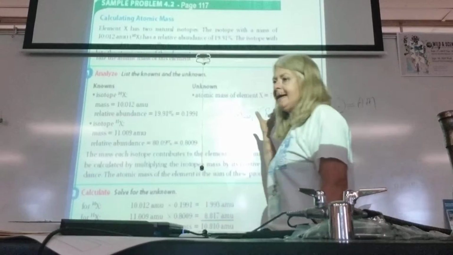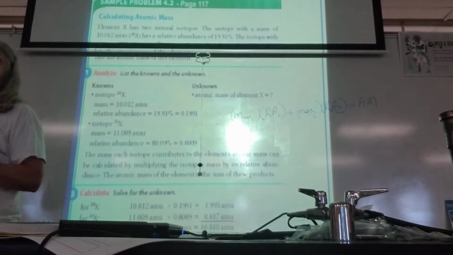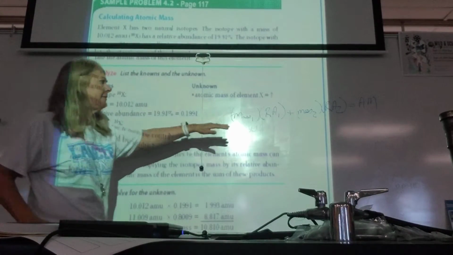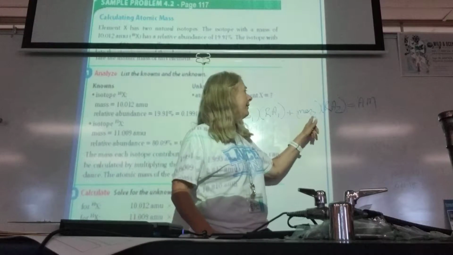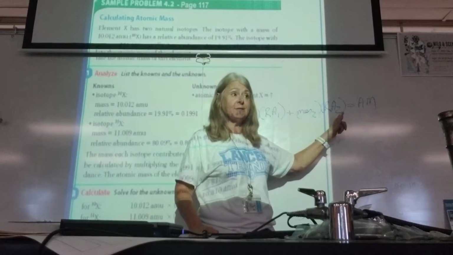So this is a handy thing to think of. If I have 5 isotopes, I would just have 1, 2, and then 3, 4, 5. Does that make sense to you?